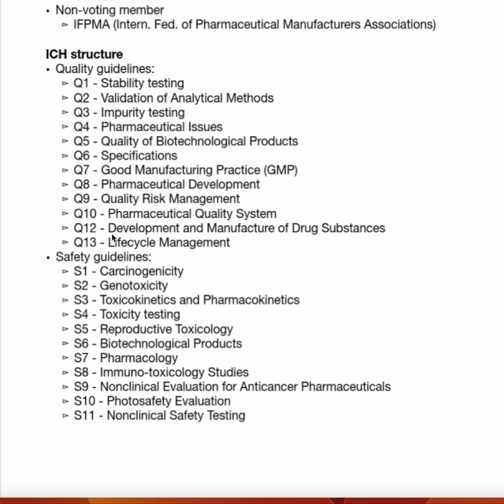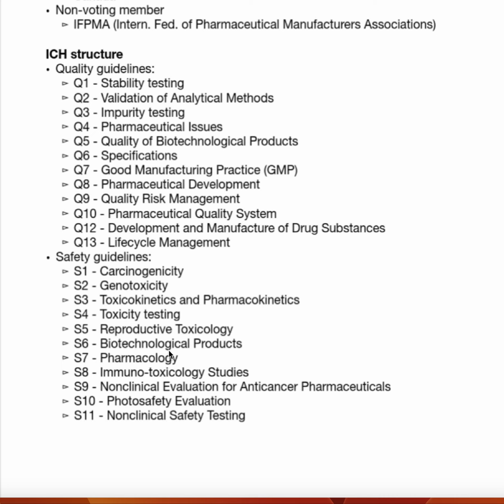And then the safety guidelines. We have 11 safety guidelines. S1 is carcinogenicity, like things or drugs that lead to cancer. S2 is genotoxicity. S3 is toxicokinetics and pharmacokinetics. S4 is toxicity testing. S5 is reproductive toxicology.